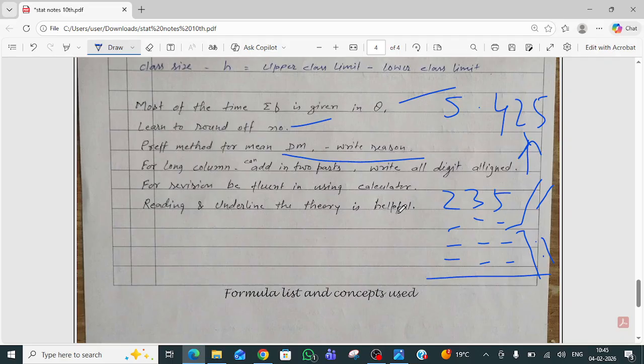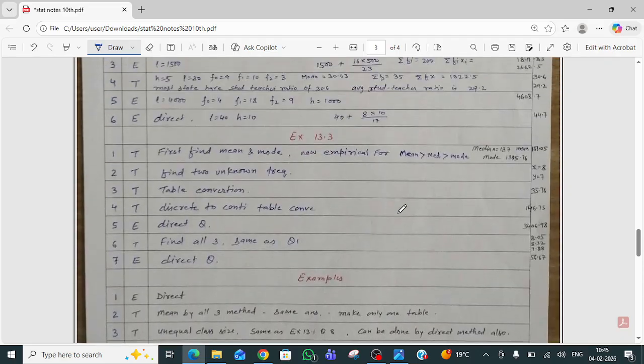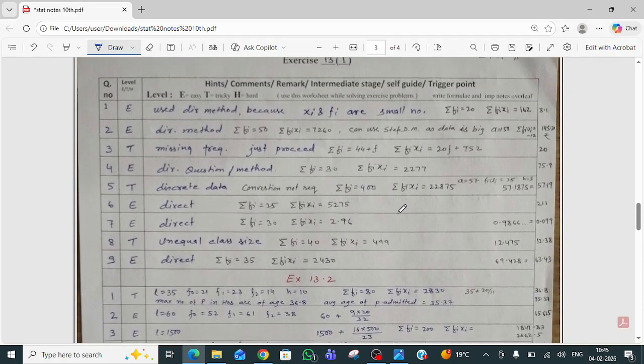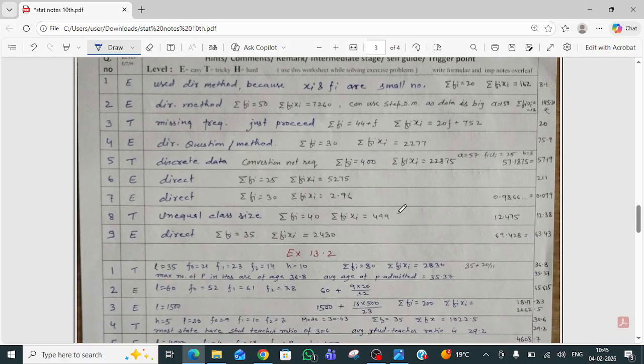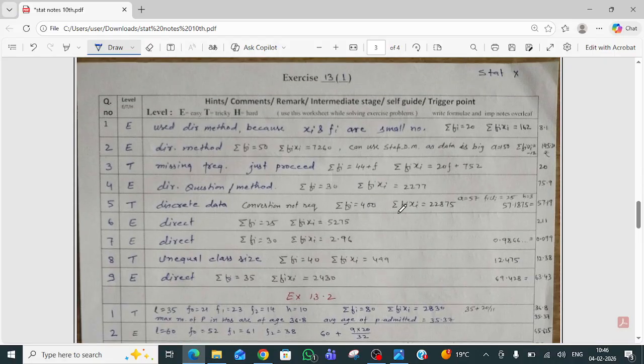Now, without taking any break, I will explain the exercise questions. For this, I suggest you pause my video and open your textbook. I have also opened the same.